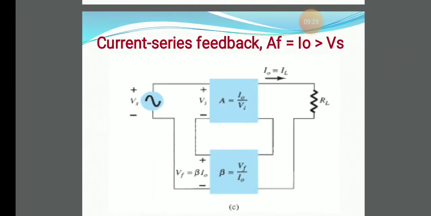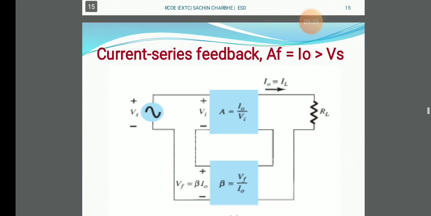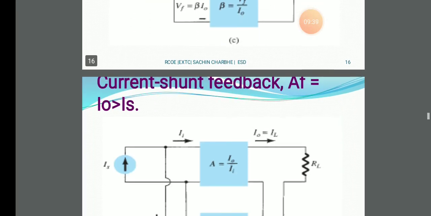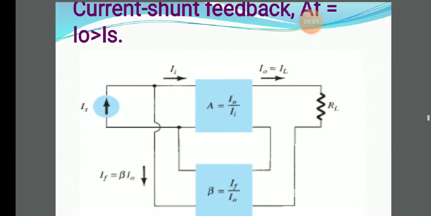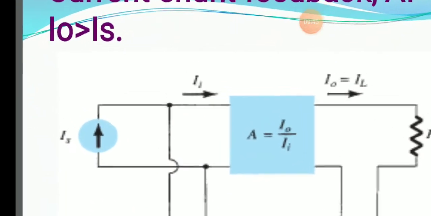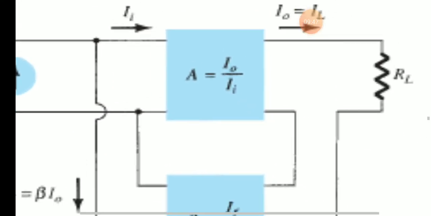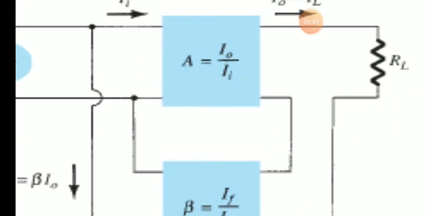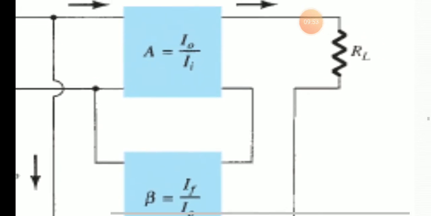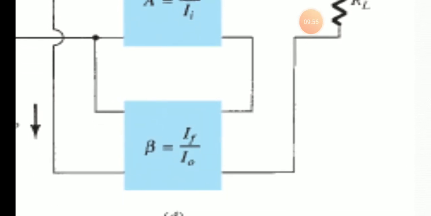This diagram we use a number of times, and these are the basic feedback amplifiers. Now the current shunt feedback amplifier: the output current by the source current. Here the source current is applied to the amplifier, then the output current is again sent through the feedback element beta.